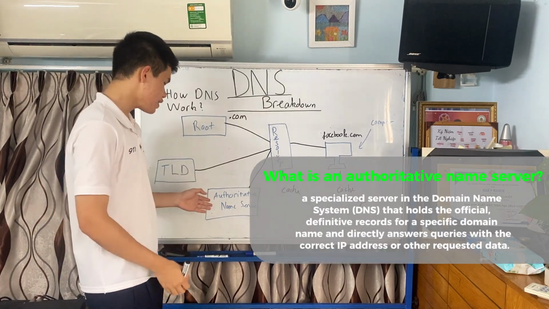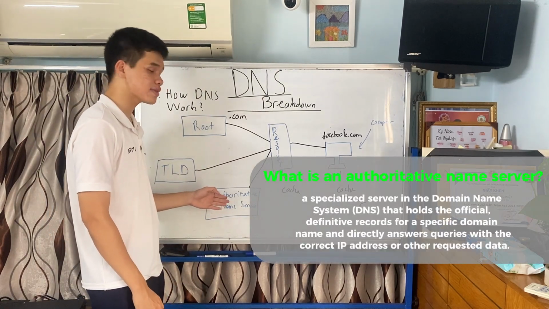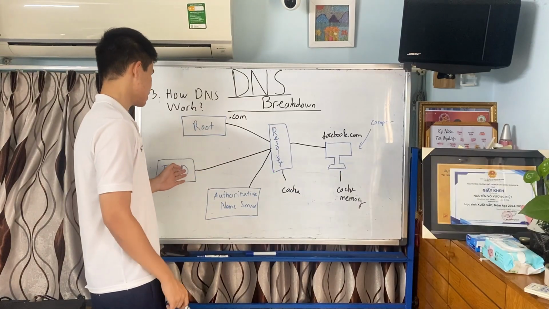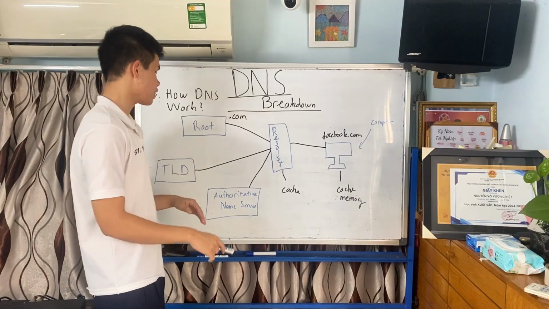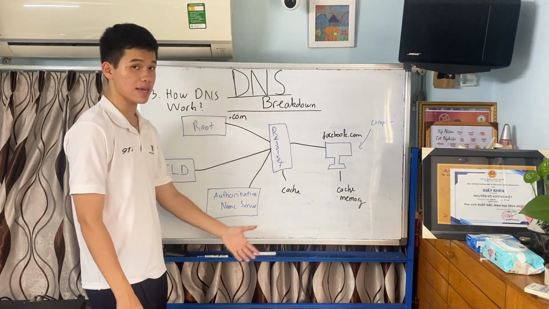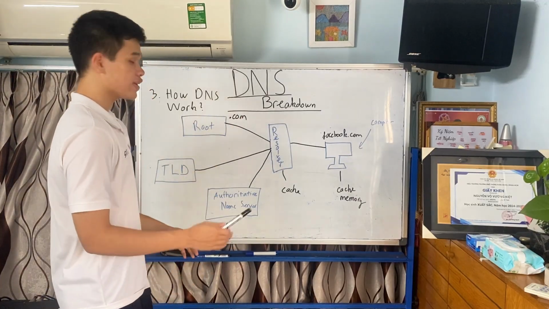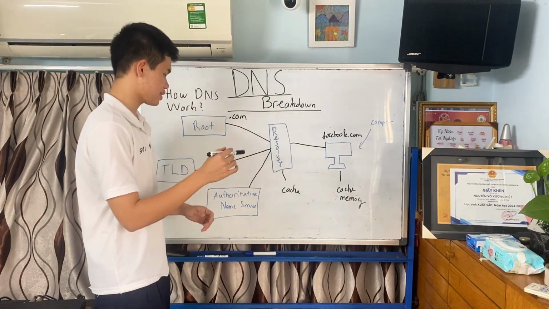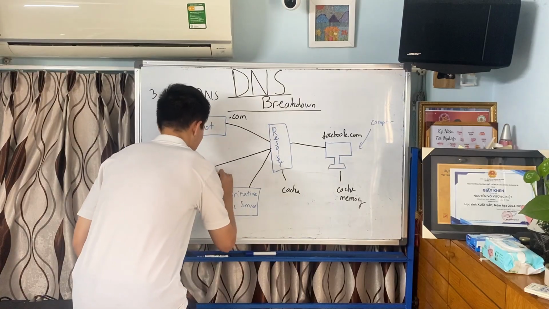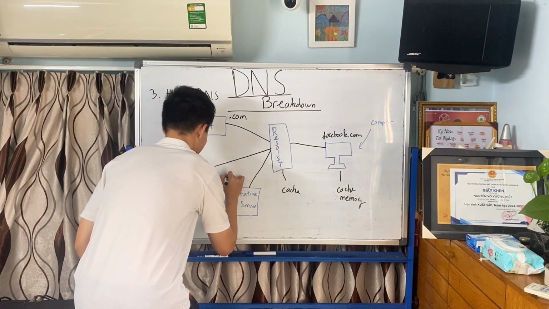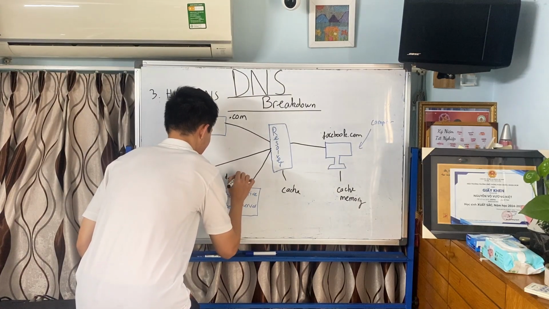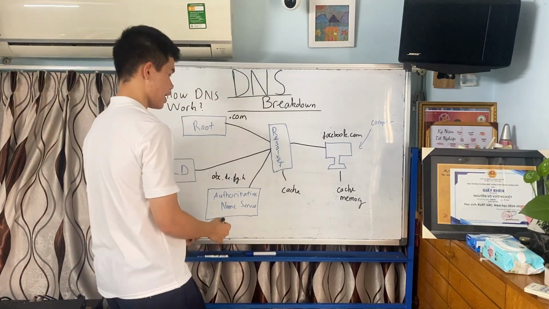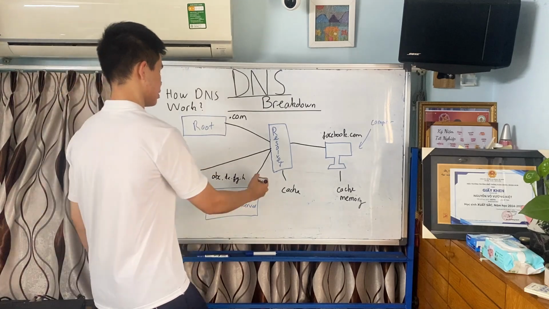So at this point, the authoritative name server has to know every specific IP address, and now it will send back some, I don't know, ABC dot EE dot E dot FG dot H.